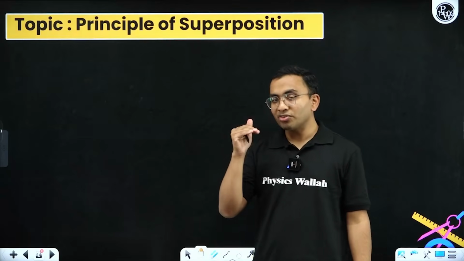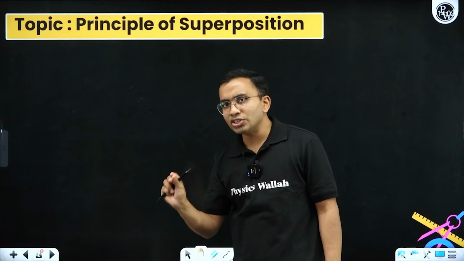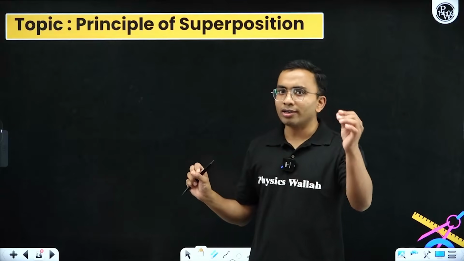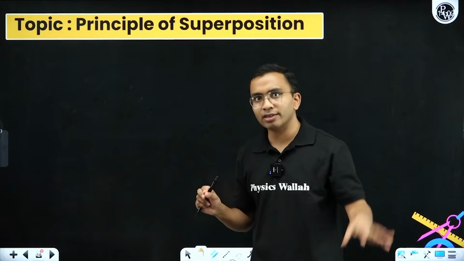So what is the principle of superposition telling here? It is saying that the force on one charge due to another charge is independent of the presence of the other charges.